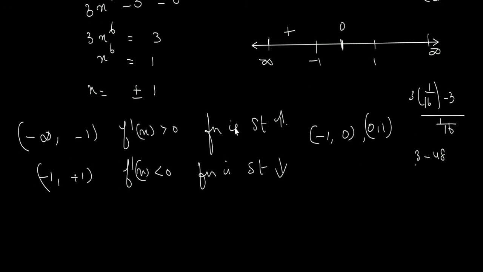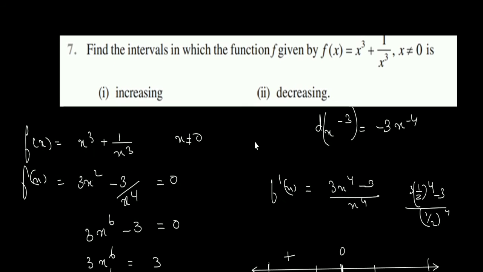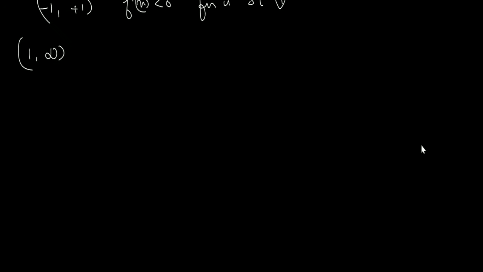Then what about 1 to infinity? Take a number from 1 to infinity, for example 10; it will become positive. So in 1 to infinity, f dash of x is greater than 0, and the function is strictly increasing in that interval.